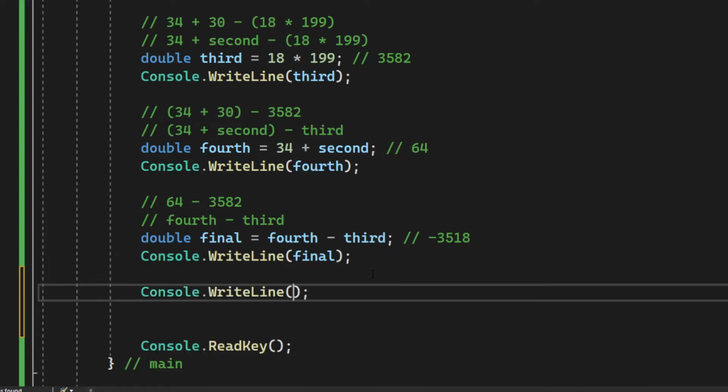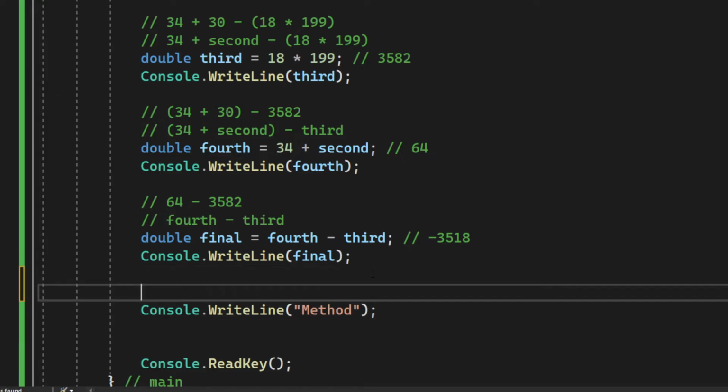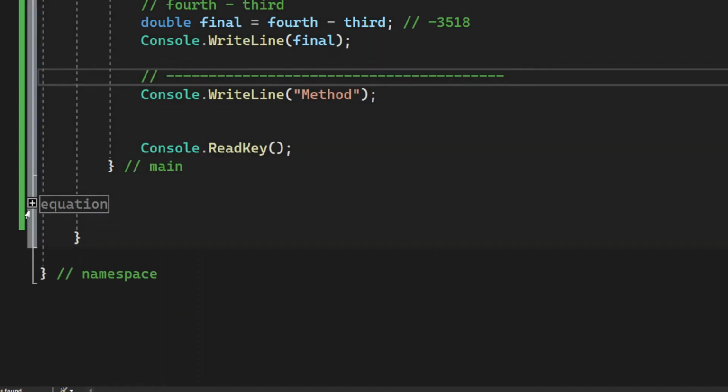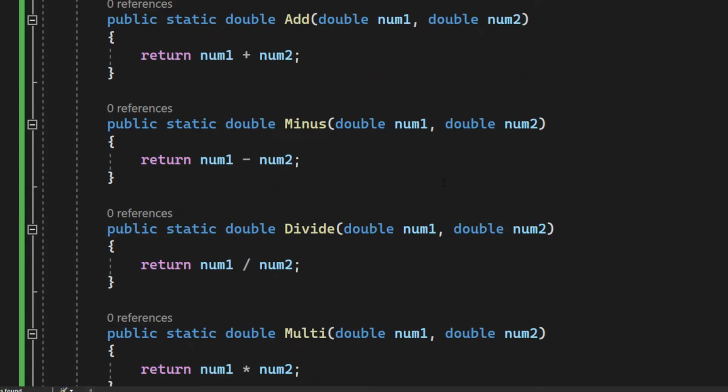Now we're going to do the same thing with methods. If we take a look here, I have created methods for all of our basic math operations: addition, subtraction, which is minus, divide, and multiply.